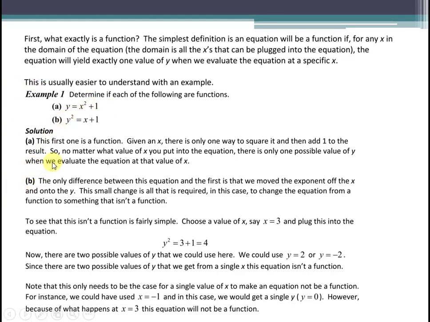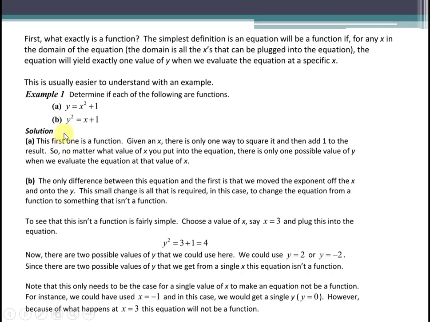So here, no matter what value of x you put into the equation, there is only one possible value of y. For example, if you put 5, we have 5 squared plus 1, which is 26. For any x, we have exactly one possible value of y.